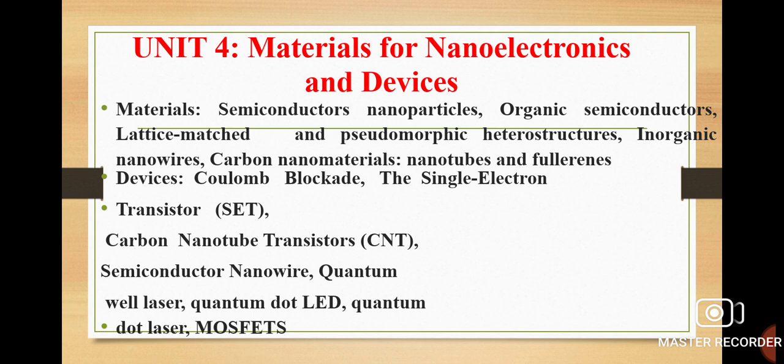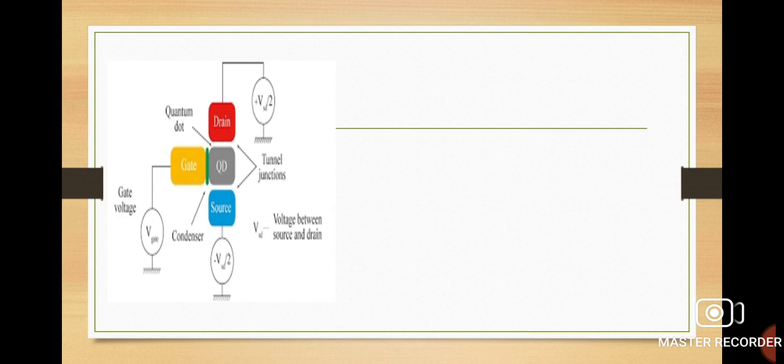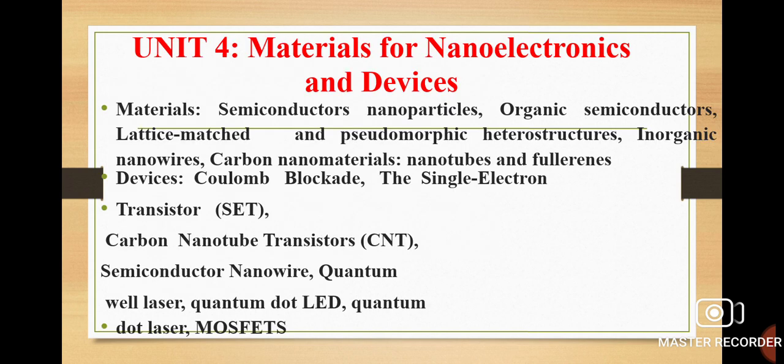These are the devices of nanoelectronics that we are going to study in the last chapter, that is unit 4. Here I am going to give you some examples of nano devices which are listed over here. You just see these devices; we are going to study them briefly in unit 4.